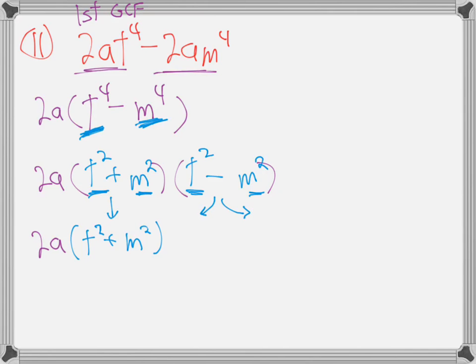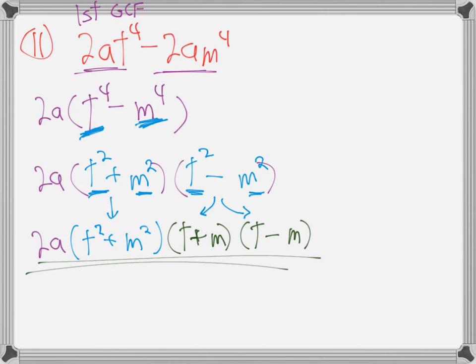I'm going to use a different color just to emphasize it. And there'll be t times t, m times m, 1 plus, 1 minus. Now we're totally done. Like that. How are we doing? Is that making sense?